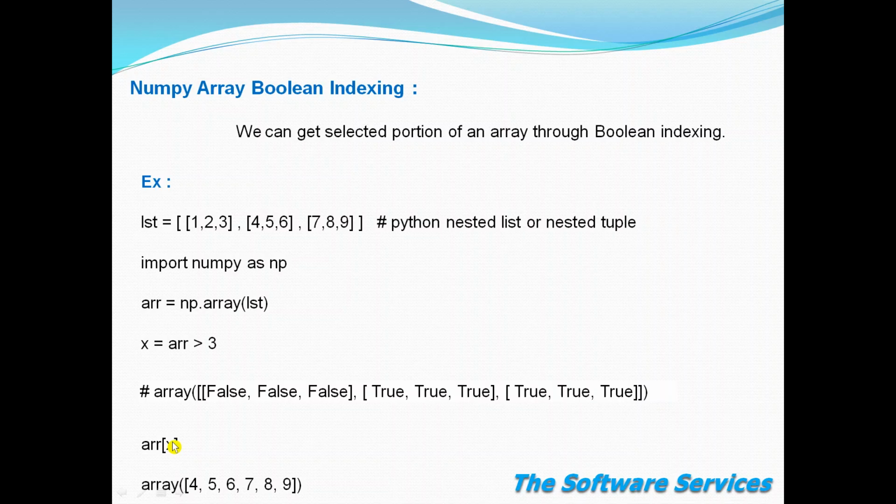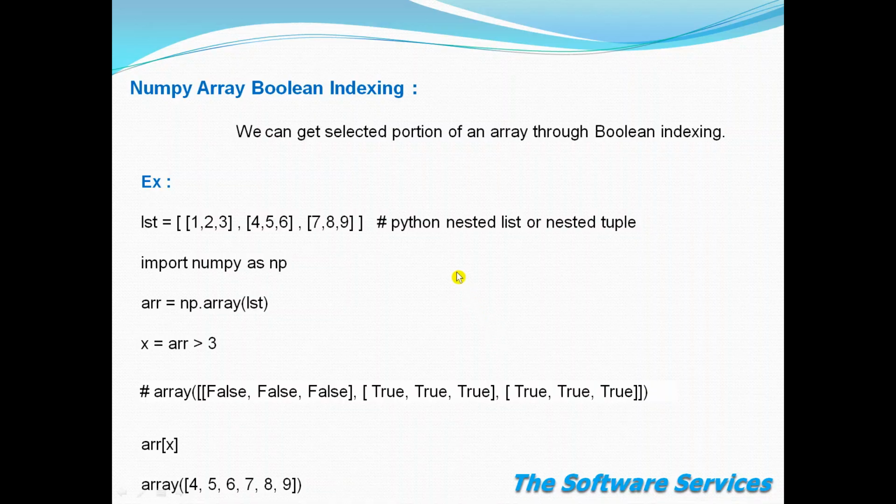Inside, this matrix will be mapped with the array here. Whatever the trues are, those elements only will be extracted and formed as an array. Wherever false is there, those items will not appear in the output. That is the phenomenon here.